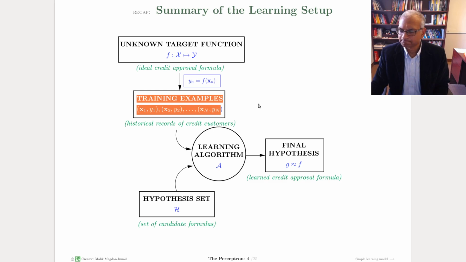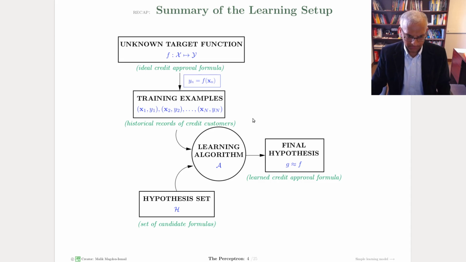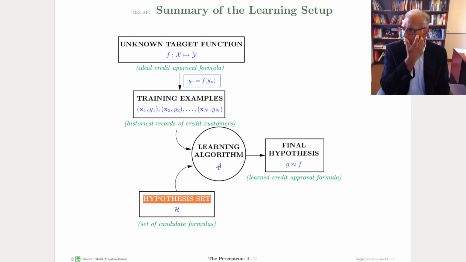So let's derive the simple perceptron learning model. In deriving it, we're going to identify a hypothesis set. Then we have to talk about the two things I mentioned about a learning algorithm. You have to tell me the criterion by which you're going to pick a hypothesis from your hypothesis set, and then how you are actually going to do it.